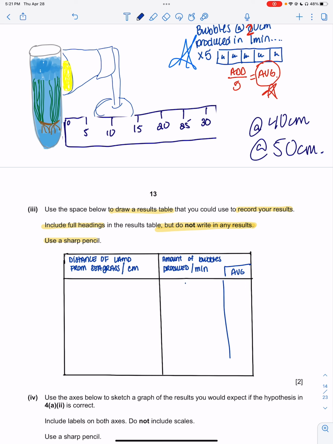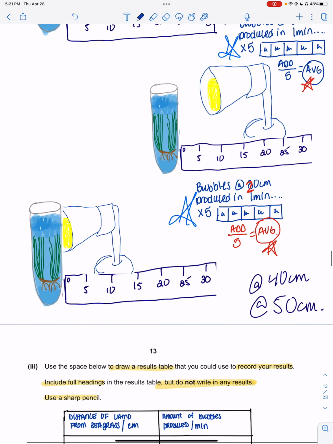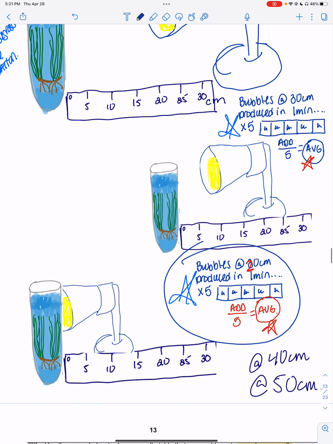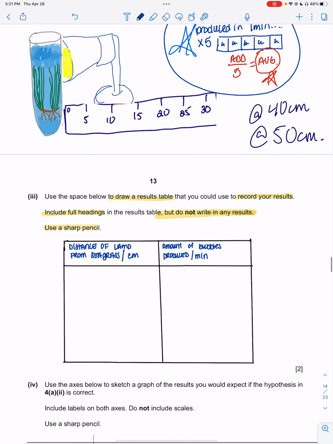So I'm just going to go 8, 6, 4, 2, 0 maybe. And then you would do an average, average, average. No, never mind. You wouldn't do that because you are including the averages. You would take the averages. You already did it right here for each one. You're going to do it 5 times.